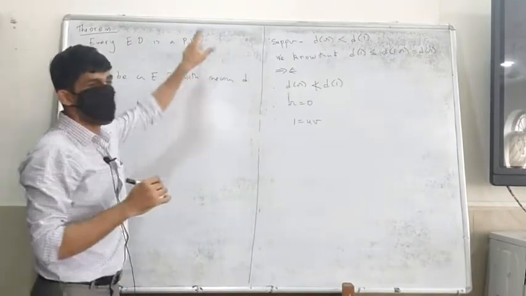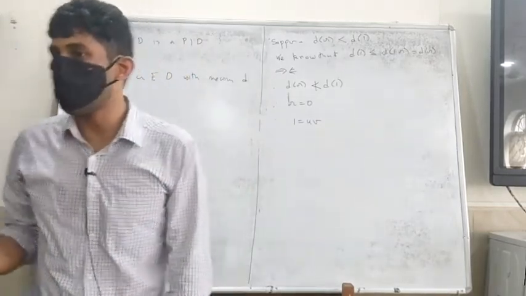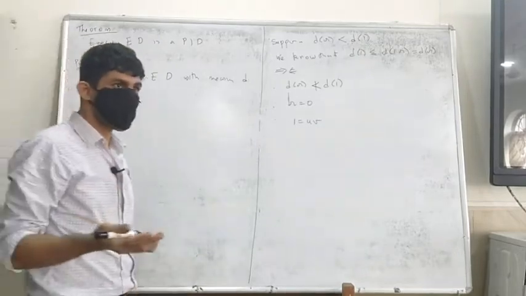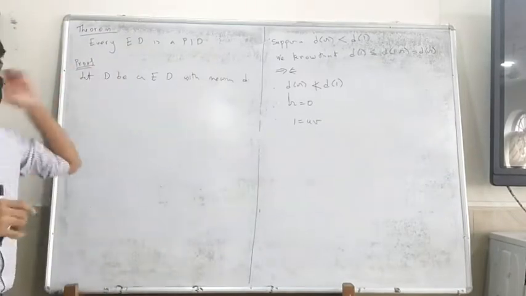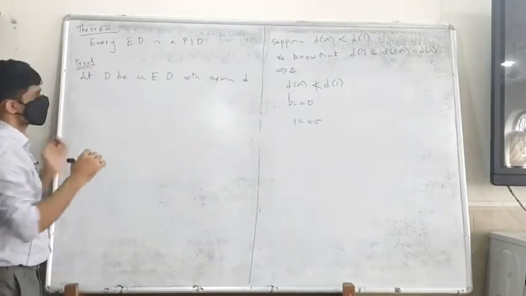I want to say it's a PID. That means I have to take any of its ideals and show that it's a principal ideal. Let's attempt and see what we did in F[x].